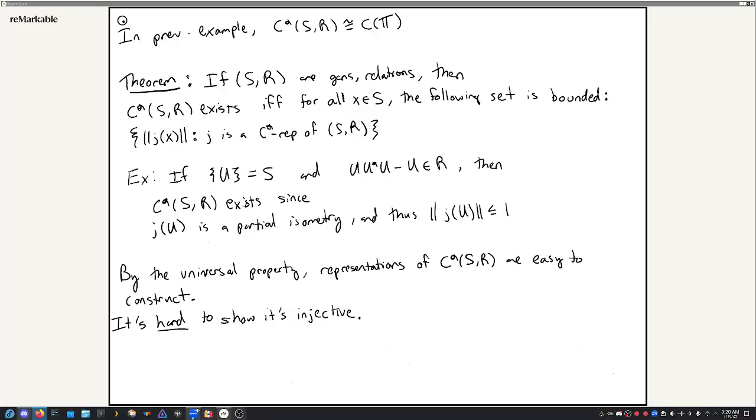For a general set of generators and relations, you can construct a representation, but actually proving that that representation is faithful is really difficult, because the only tool you have to prove that it's faithful is to show that the image satisfies the universal property as well.